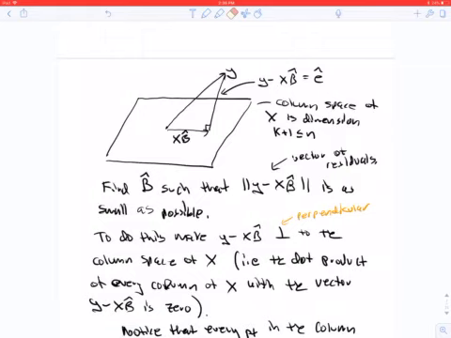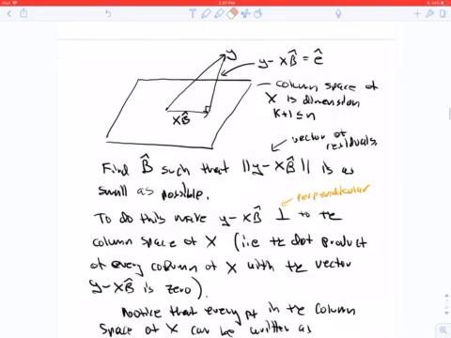So it lives in the column space, and the difference between y and x beta hat, that is y minus x beta hat, is exactly the vector of residuals, and we want that vector of residuals to have minimal Euclidean norm.